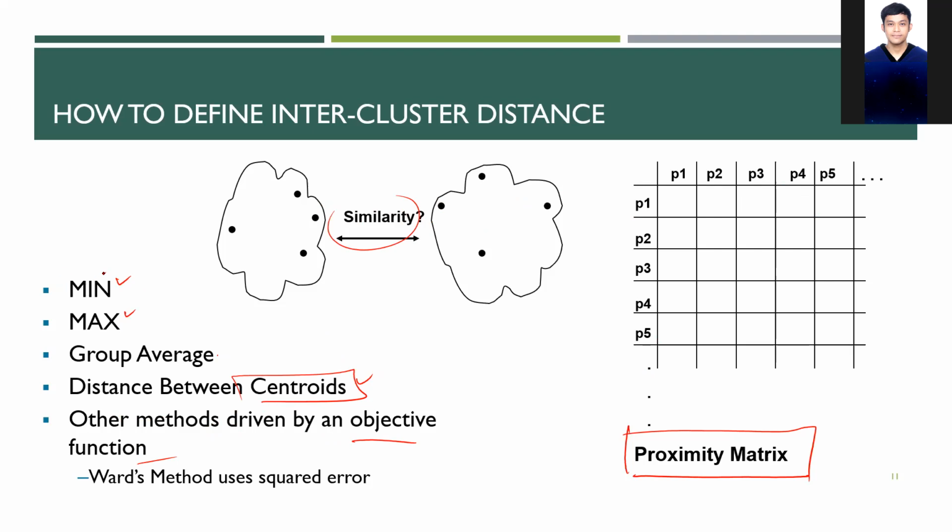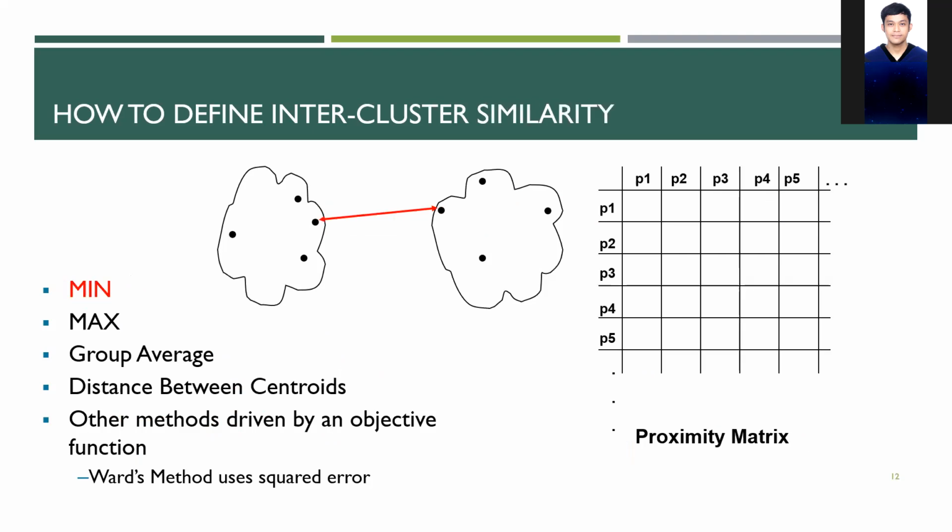For example, if we use min, the proximity matrix using min is defined by the minimum distance, or the closest data points, between two clusters. For example, we have cluster 1 and cluster 2. In cluster 1 we have data 1, data 2, data 3, data 4. In cluster 2 we have data 5, data 6, 7, and 8, for example.